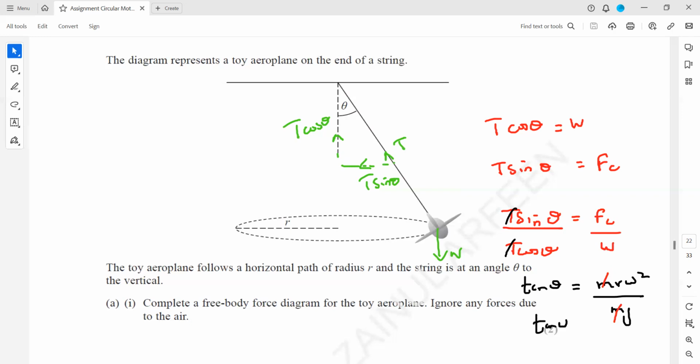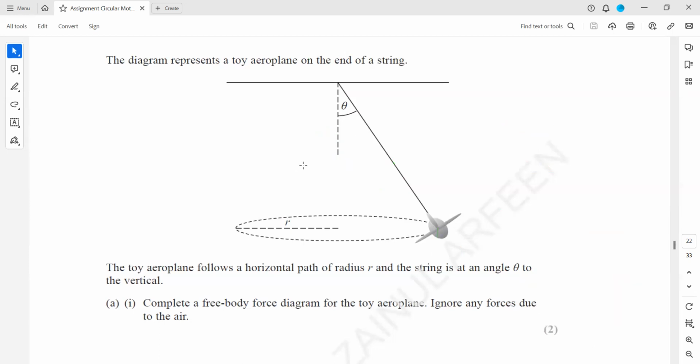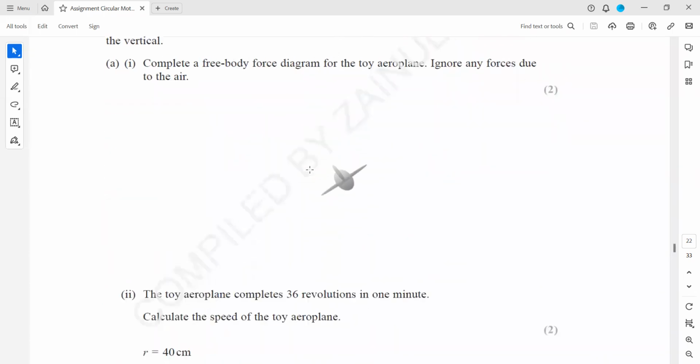We are left with tangent theta equals r omega squared over g. So this shows that the angle theta does not depend on the mass of the object. In the exam, you will find these types of short derivations.